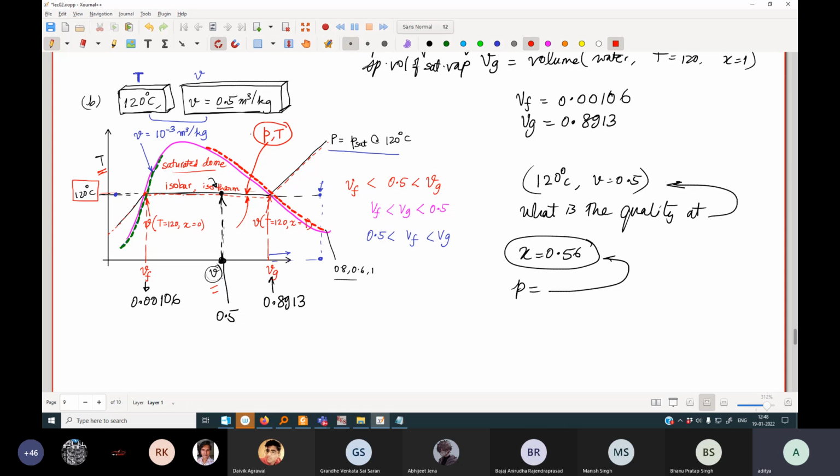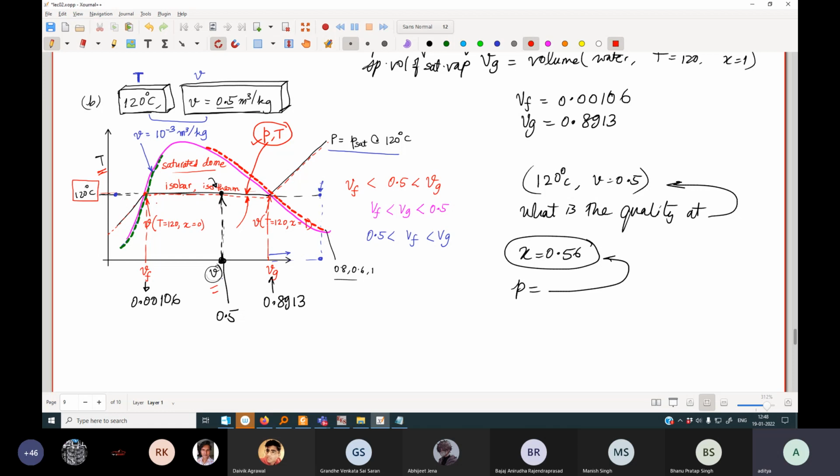Because once I've specified the temperature and I say that I am inside saturation, this pressure will be fixed. Outside the dome, pressure and temperature can vary independently. Inside the dome, pressure and temperature cannot vary independently. So inside the dome, what is varying independently?